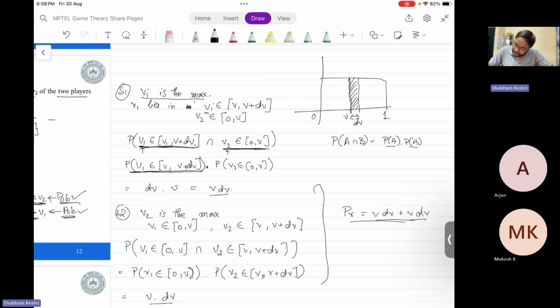So in both cases, for 1 and 2, the revenue is actually v. Capital V, small v, doesn't matter. Over here, I'm writing small v. For scenario 1 it is small v, and for scenario 2 it is also small v, because the maximum is v comma v plus dv. Therefore, the revenue for this case is v. Is this all right?